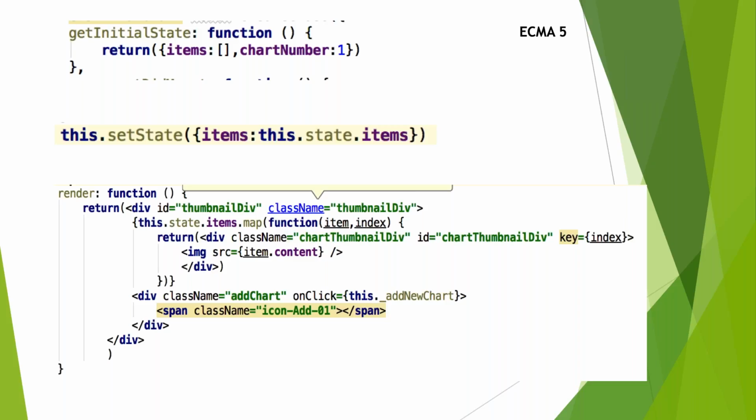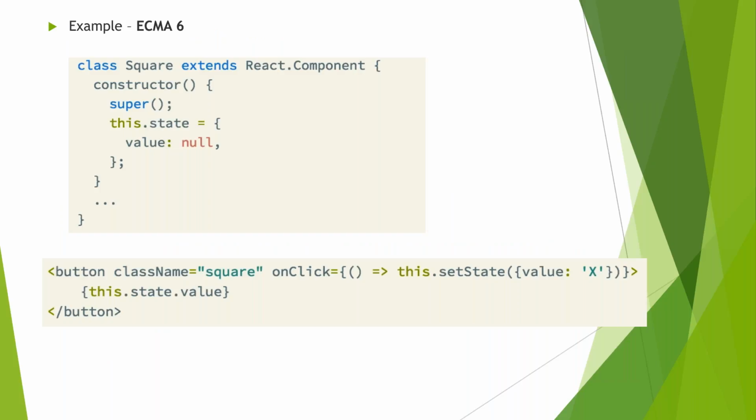Okay. So somebody has asked a question about an example where we have used something like this dot state dot value, which denotes string interpolation. Okay, so I think you guys are asking me about this example. Basically, if you see this example, it's the same thing.